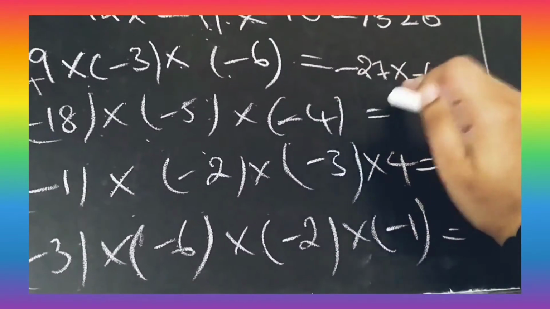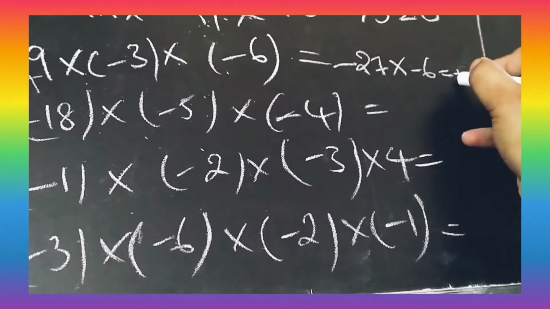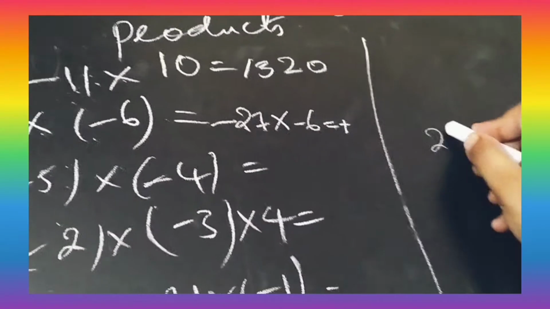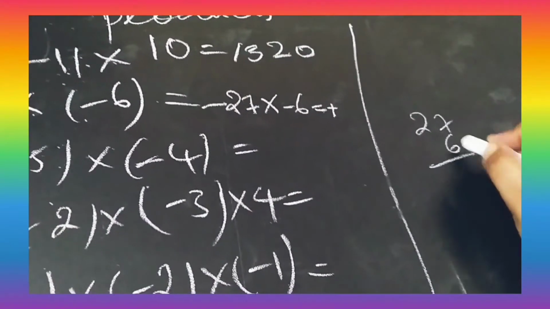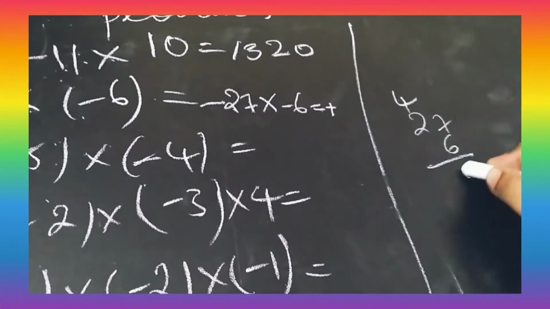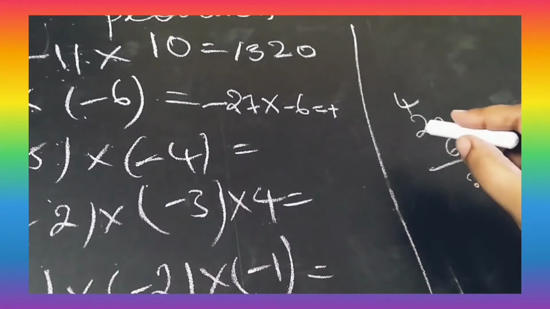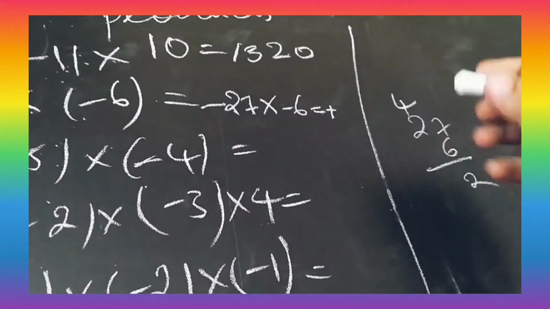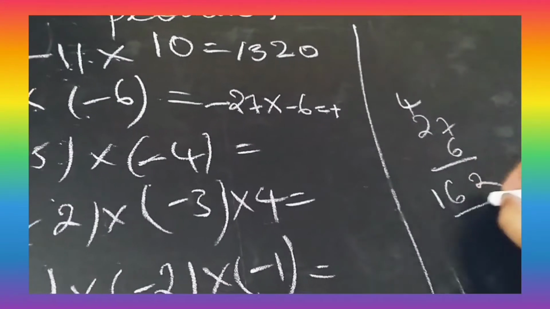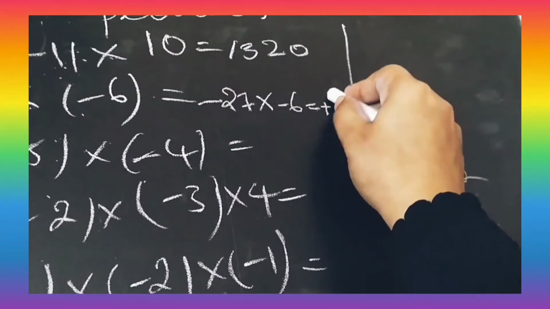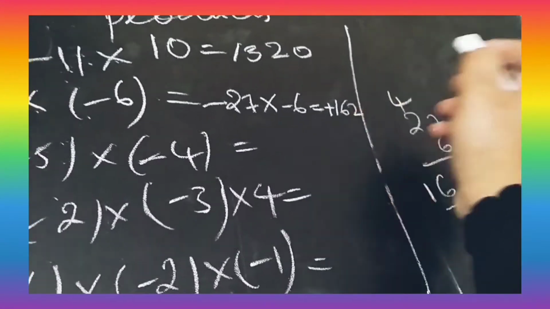Again minus into minus is plus. 27 sixes we will do. 6 sevens are 42, 6 twos are 12, 13, 14, 15, 16. It is 162. So the answer here is 162.